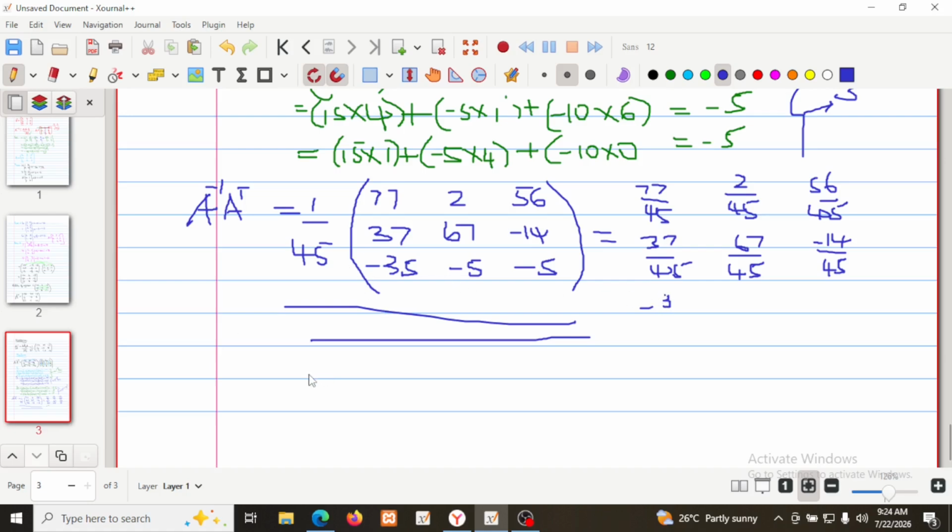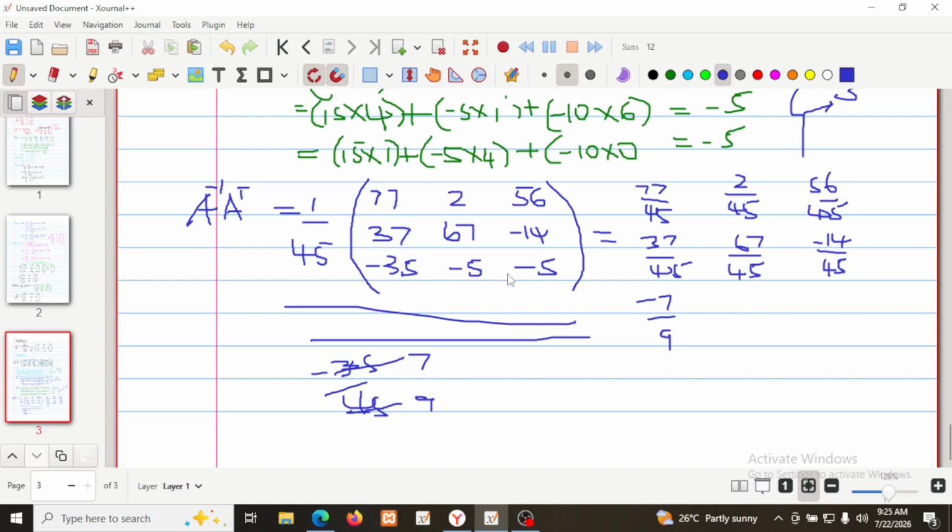If you cancel this one, negative 35 over 45, this is like 7, this is like 9 if I'm not wrong. So we'll have negative 7 over 9.